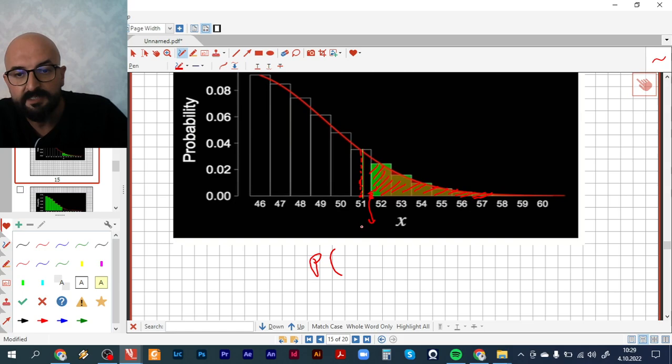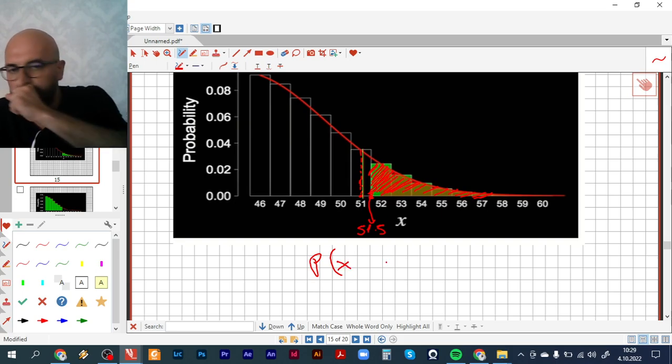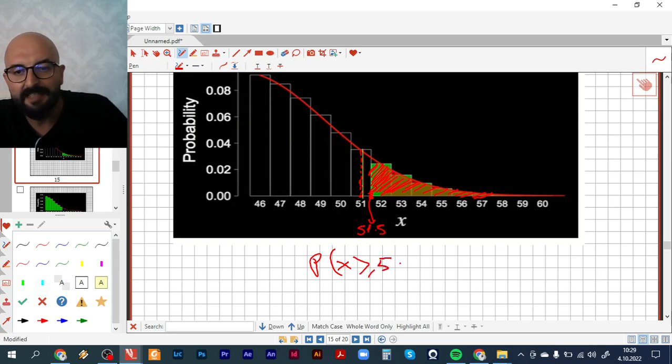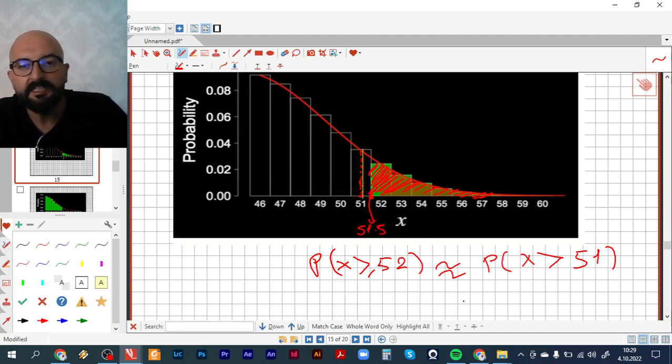This point is 51.5. If you want to compute this area, you have to compute x greater than 51.5. This process is called continuity correction.